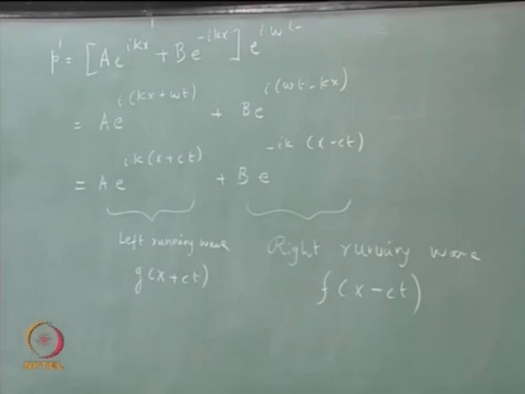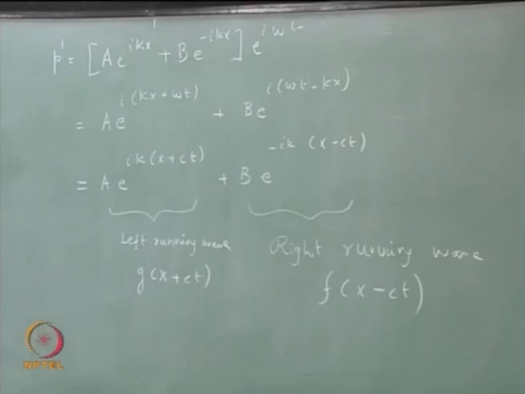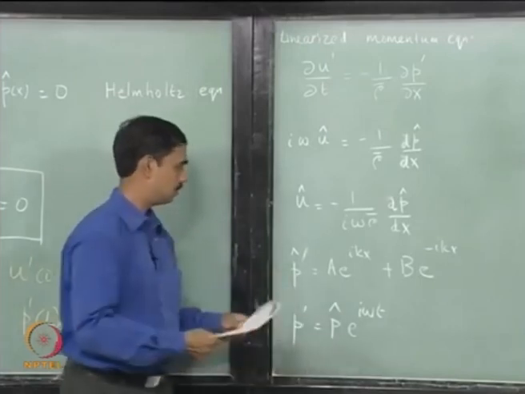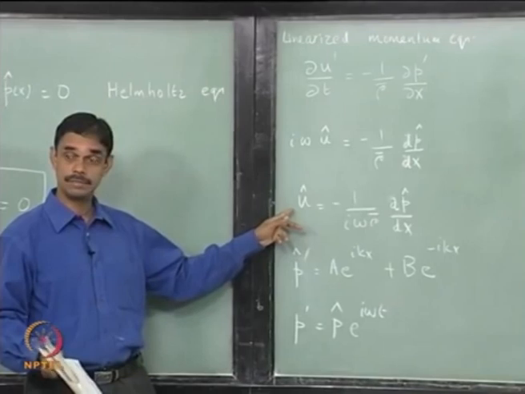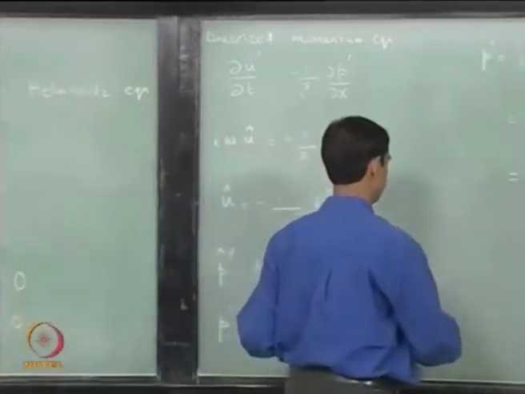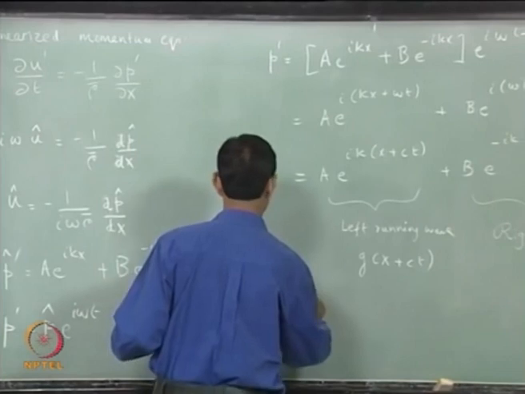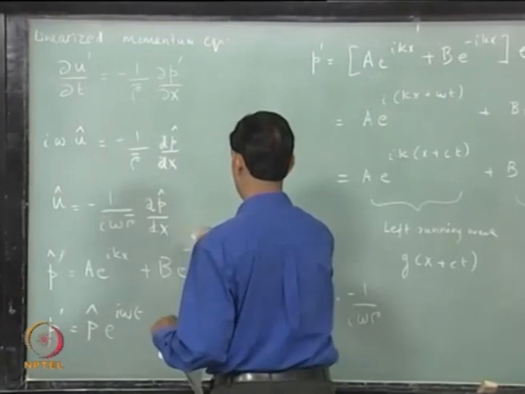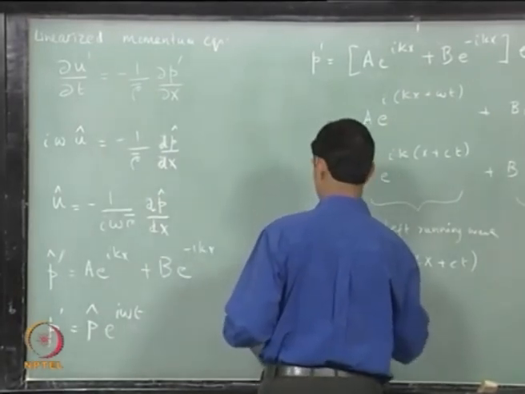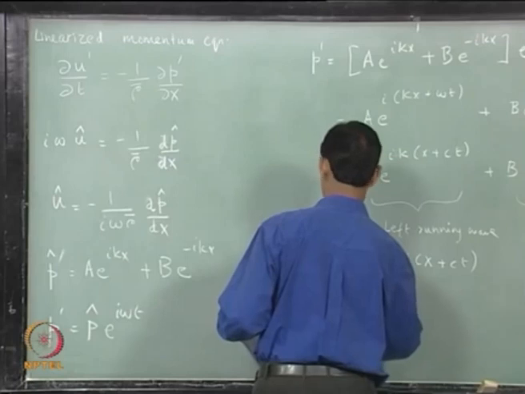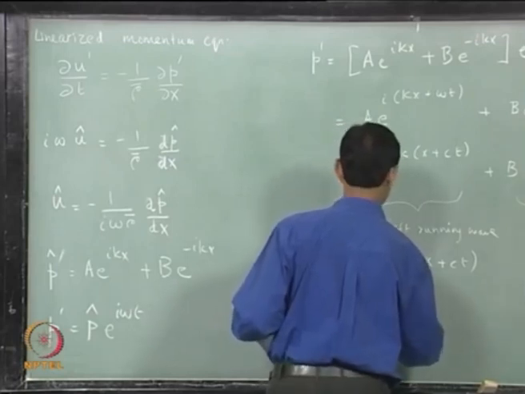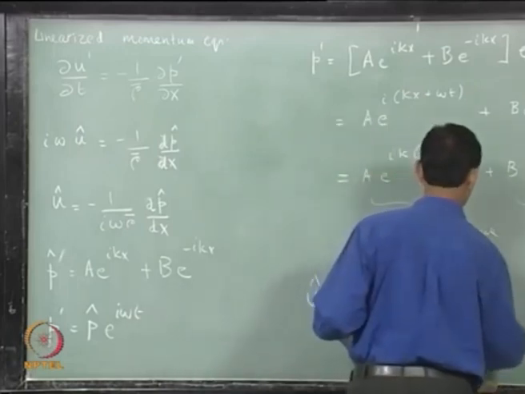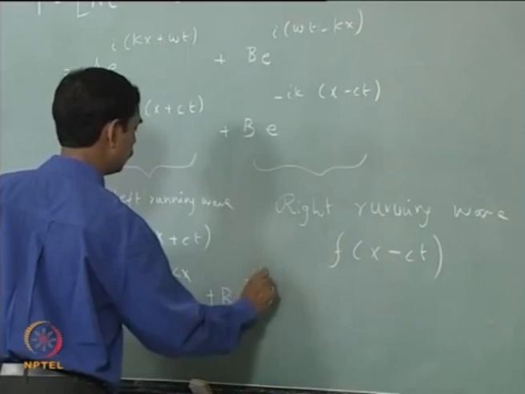So what would be velocity? So velocity would be, you use this expression for acoustic pressure in this equation for acoustic velocity. So let us do that. So u hat equal to minus 1 over I omega rho times dp by dx, so that will be ik will come out, ik, and there will be a e power ikx plus b e power minus ikx.